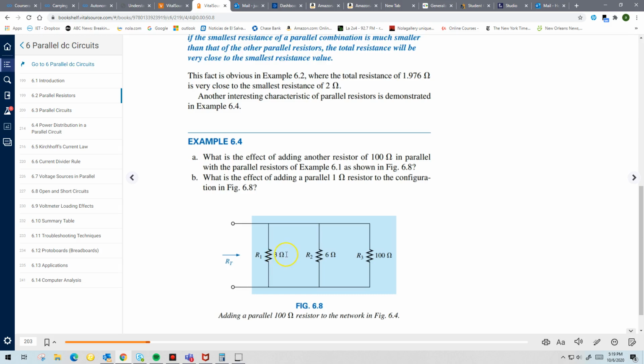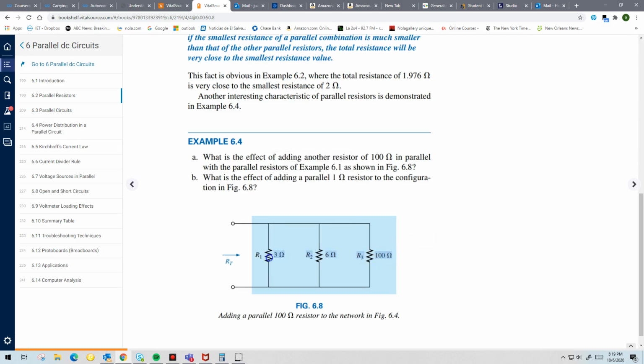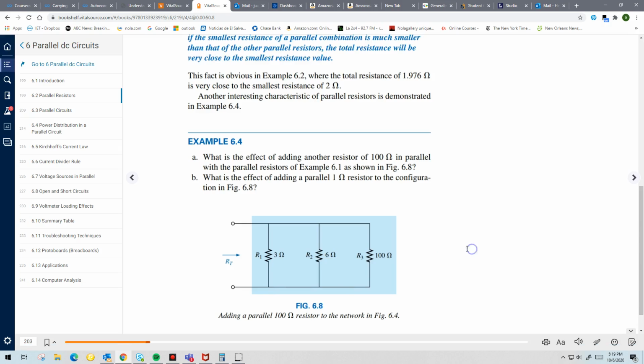So it's going to be smaller than 3 ohms, right? And it's going to be closer to 3 ohms than to any of the other resistors. See? Without me doing the math, I know that already. And that's a good thing to know, because that's going to lead you to the right solution, and it's going to tell you whether you're on the right path or not.